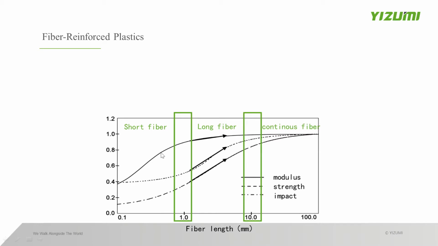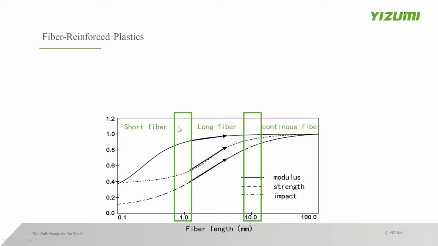the modulus increased moderately, you can see here on these curves, by 125%. And the stress here in the middle increased by 25%. It's not as obvious as the modulus. And the impact increased 200%.